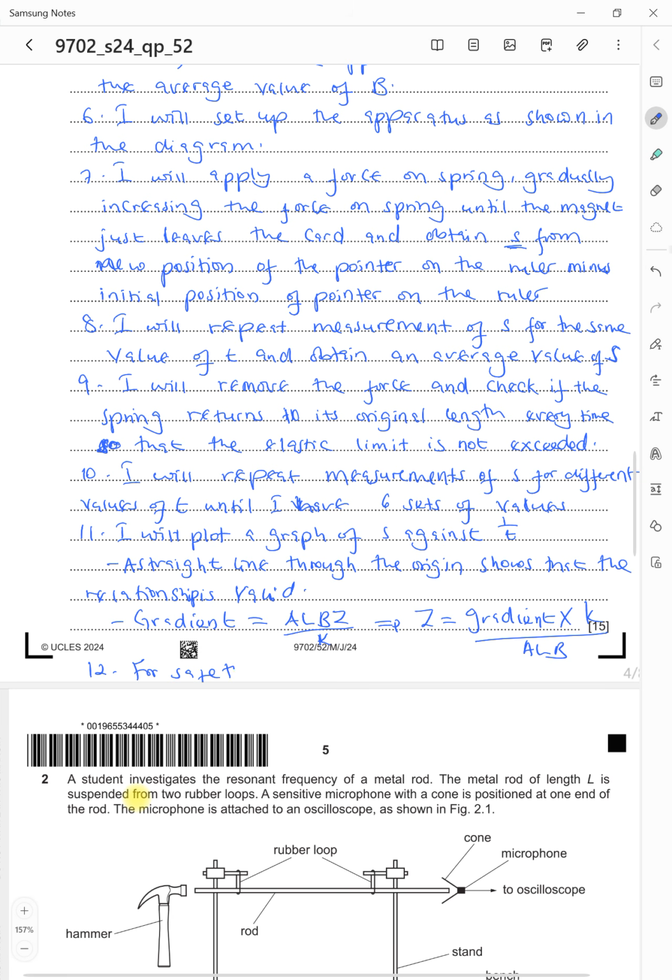So for safety, I'll put a safety screen around the experiment, because most likely the spring may jump into your eyes or the magnet, in order to protect my eyes from being hit by the spring or magnet.